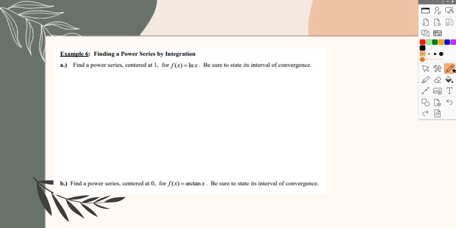Alright, so if we're looking at: find a power series centered at 1 for f of x equals the natural log of x, be sure to state its interval of convergence. Looking at that function, is the natural log of x one of our special series that we're supposed to know?